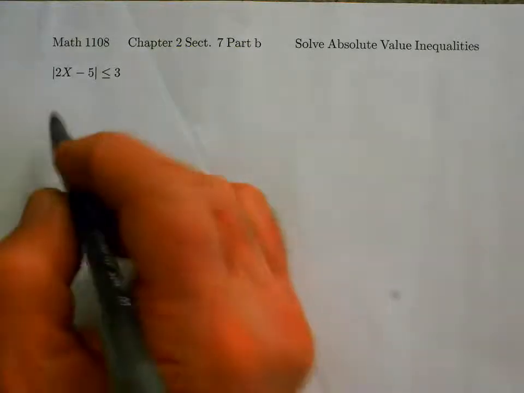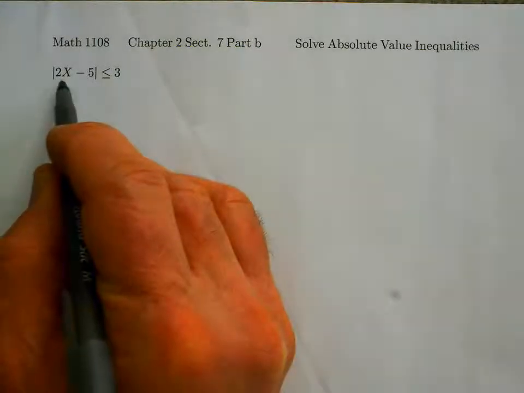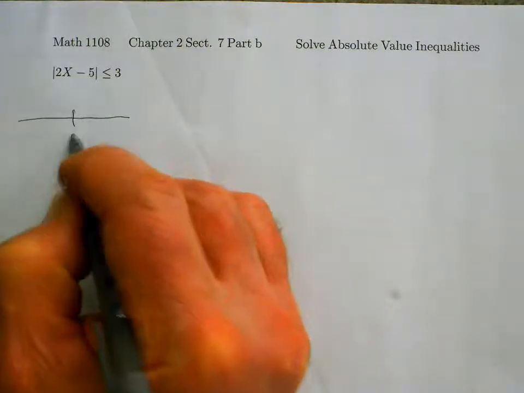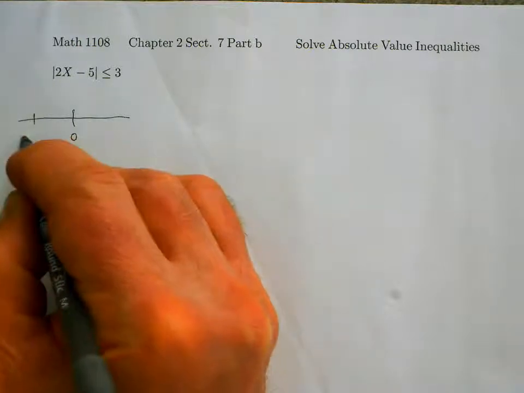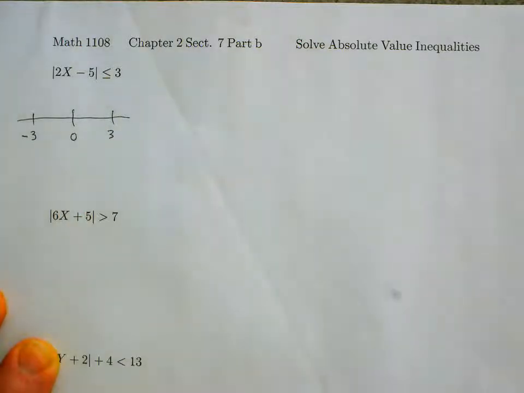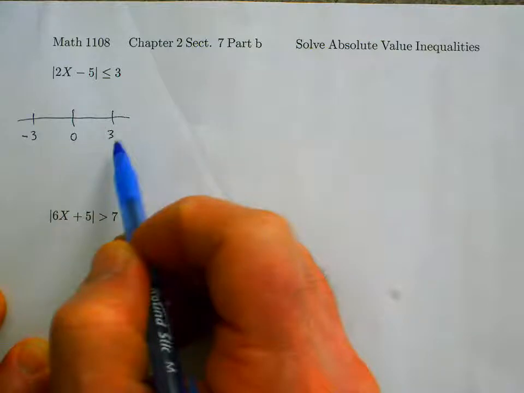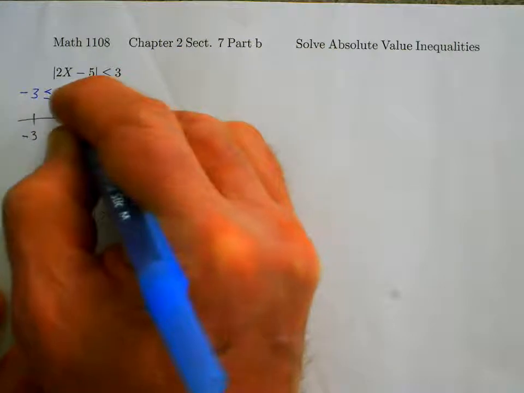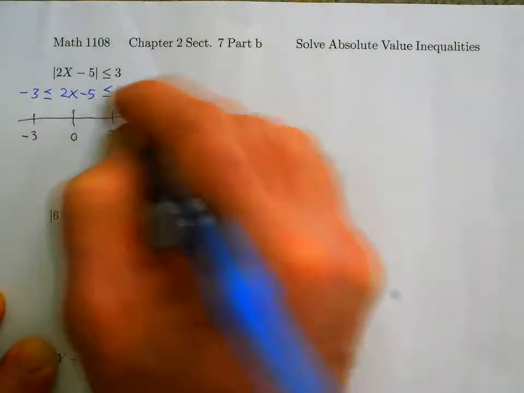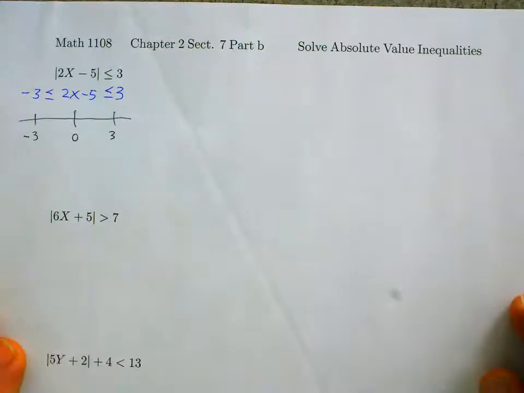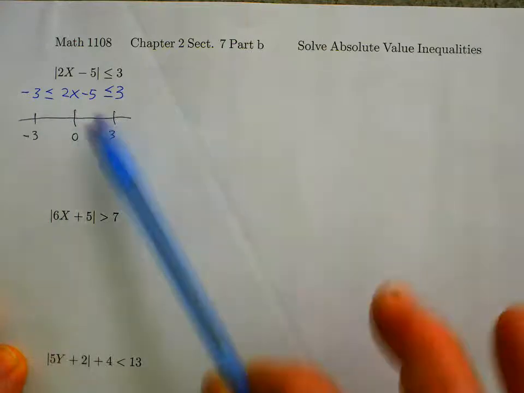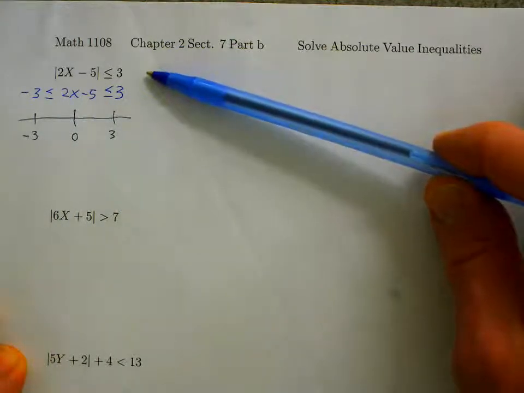So graphically, numbers of the form 2x minus 5 have to be between -3 and 3. So -3 is less than or equal to 2x minus 5, which is less than or equal to 3. This is the compound inequality implied by the absolute value inequality.